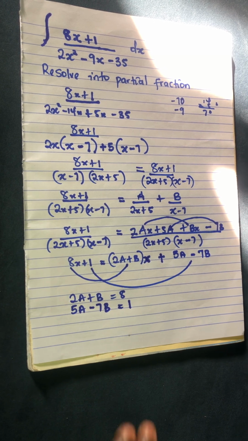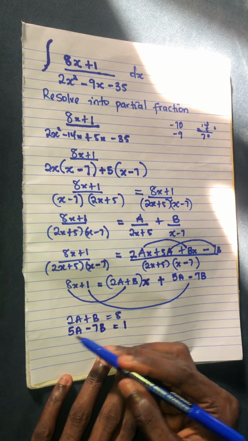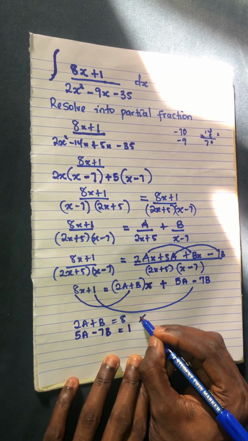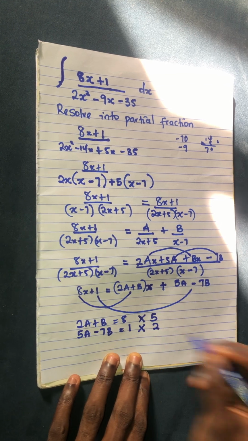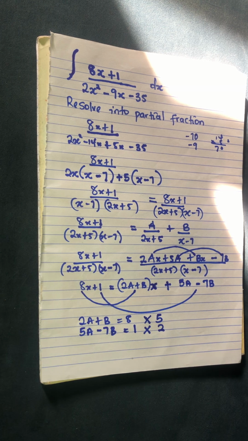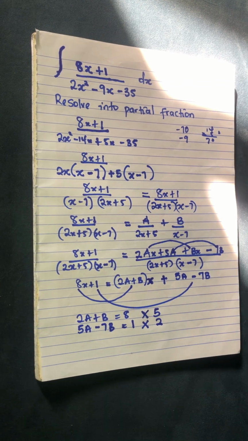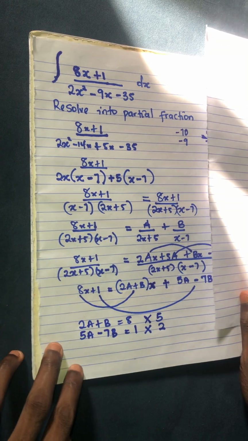All right. Next, in order to eliminate the a's, I will multiply equation 1 by 5 and equation 2 by 2, because 2 times 5 will be 10 and 5 times 2 will be 10, and that will annihilate a.